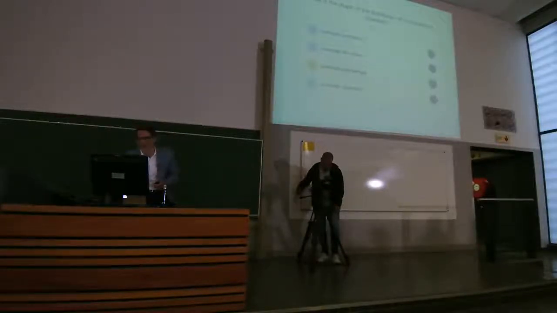Okay, the last one is, what is the shape of the distribution of house prices in Gauteng? So this is how much a house costs. What do you think is the shape of that distribution?